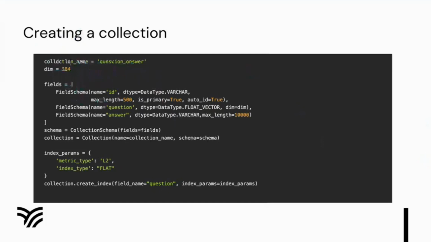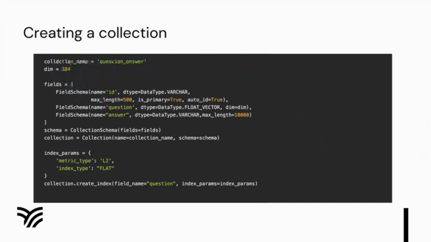Here we will have three fields. One is the ID, the second one is the question, and the third one is the answer. We also need to specify the data type of each field. For the ID, it is varchar, it would be the primary key, and it would be auto increment.